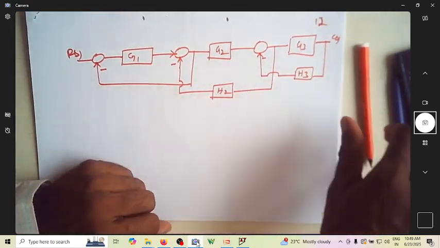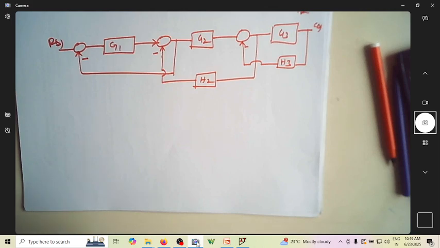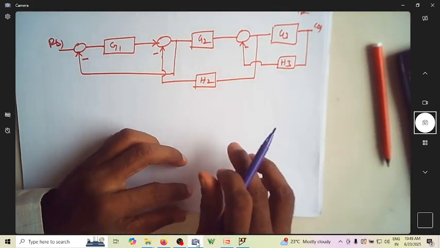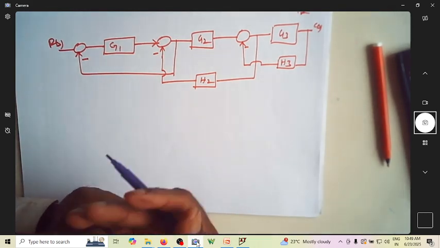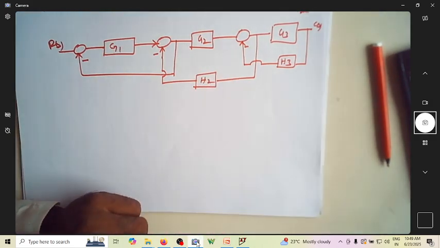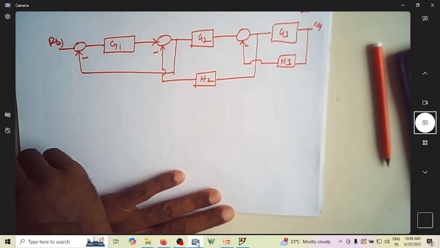Now, suppose you start solving it using the block diagram technique. We know that in the block diagram technique, if it is parallel, you can simply add. If it is feedback, you can simply take it as G(s) by 1 plus G(s) into H(s). Let us see, is it easy to write the feedback as it is?